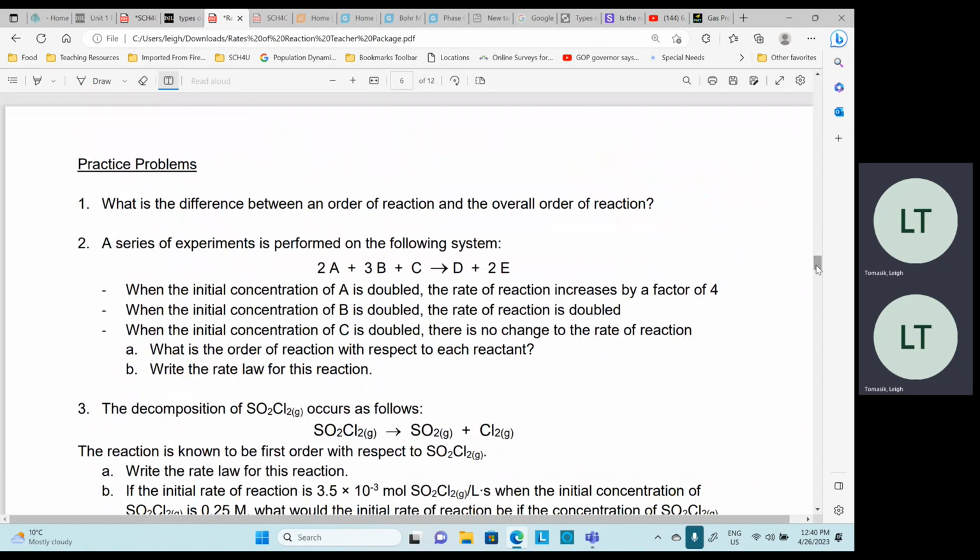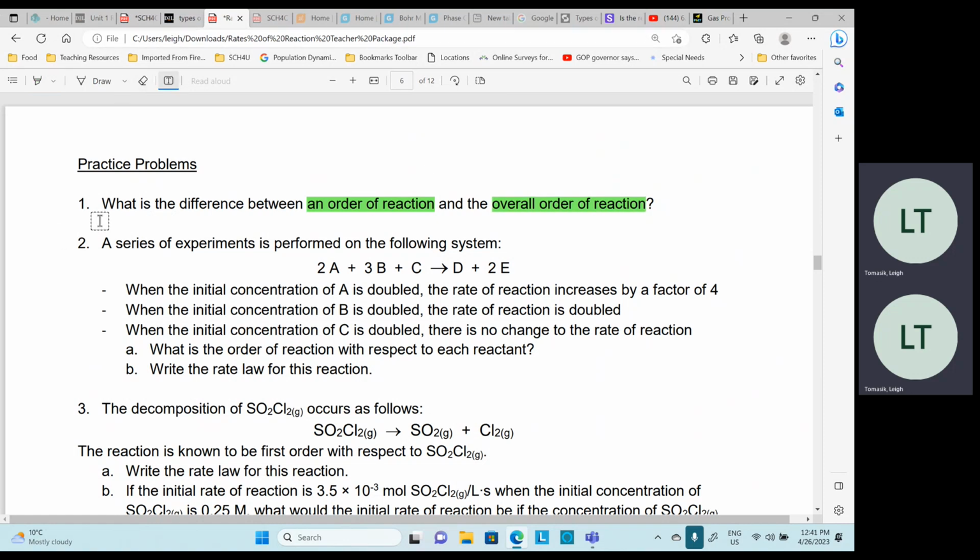We have some practice problems, and I'm just going to do them with you now. If you want, you can pause the video, do the questions on your own and watch for the answers, or fast forward through the answers if you feel confident with this. So the question is, what is the difference between an order of reaction and the overall order of reaction?